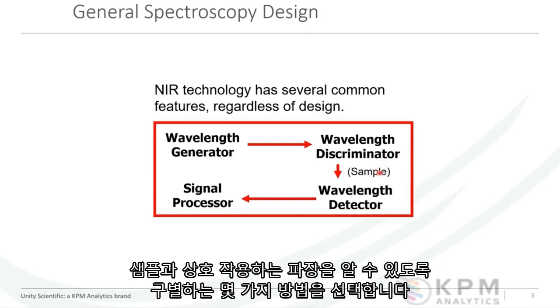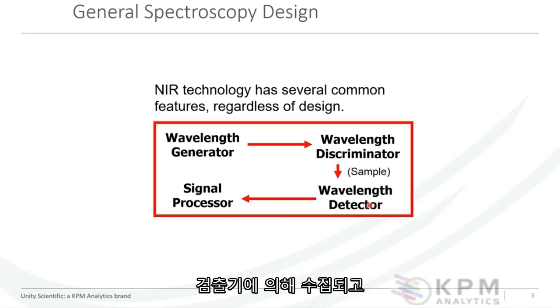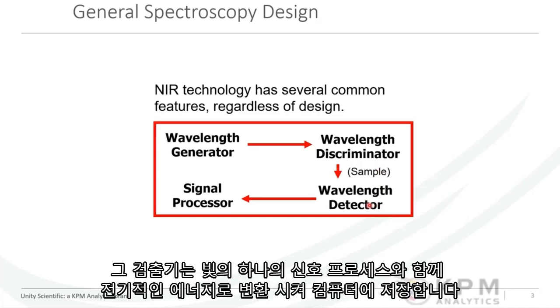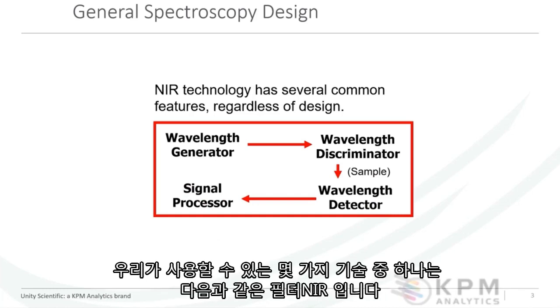That light impinges or interacts with the sample. It's collected by a detector. That detector turns that light into a voltage, into electrical energy, passed along to a signal processor to evaluate, and then it's stored on our computer. So all NIR analyzers do this in various fashions.